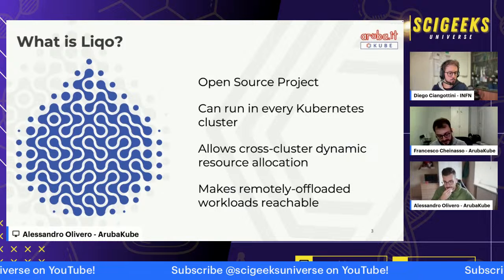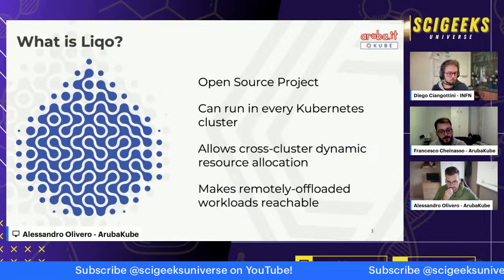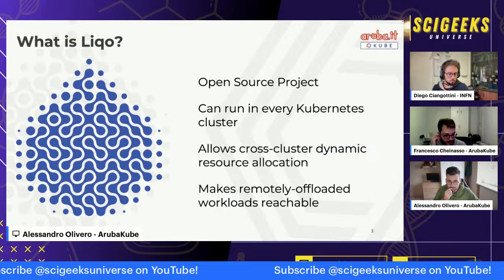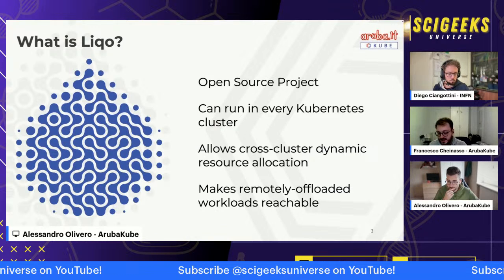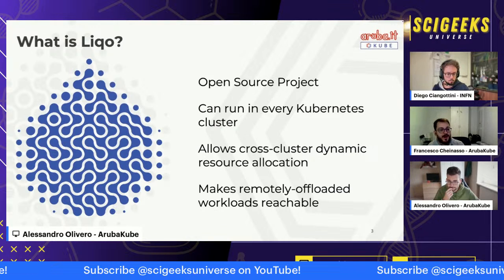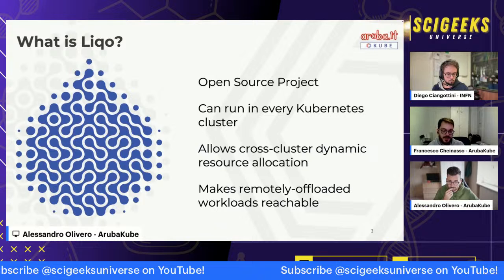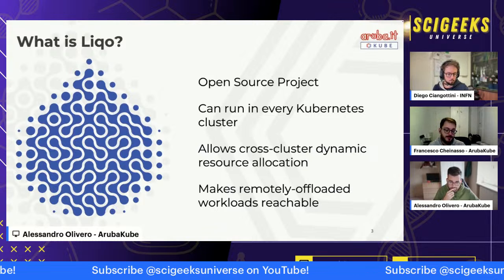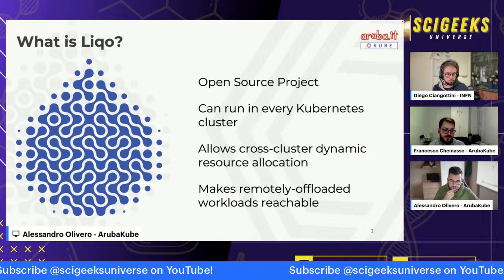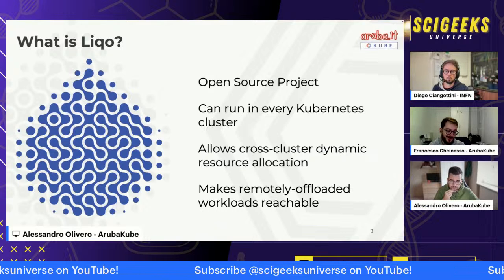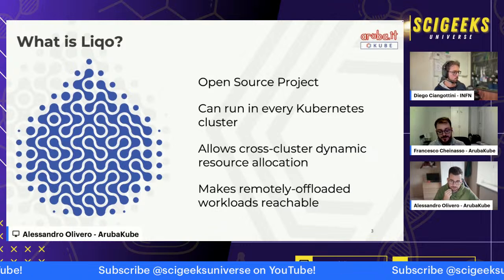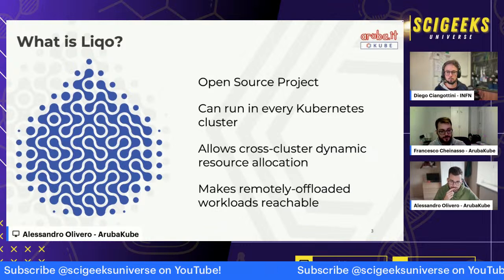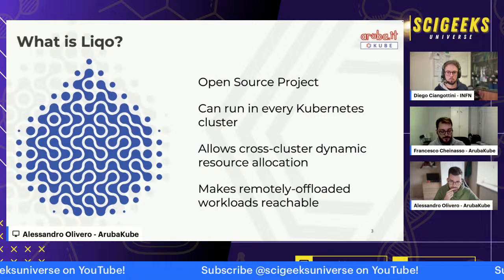Basically, Liqo allows you to enable multi-cluster and multi-cloud topologies in Kubernetes. Just to understand what we mean with multi-cluster, let's imagine Kubernetes. We like it because it simplifies the management of machines, of what we call nodes, and allows us to create a higher level of abstraction upon our machines.